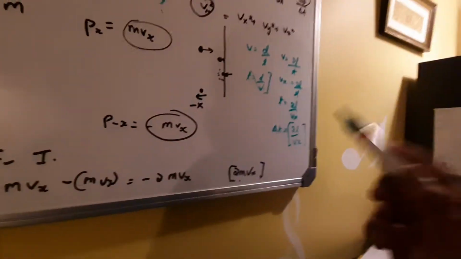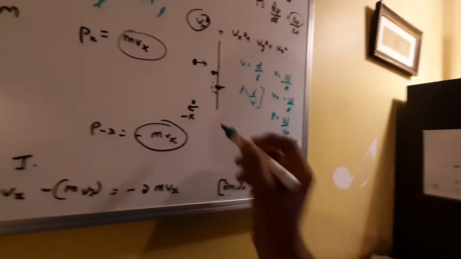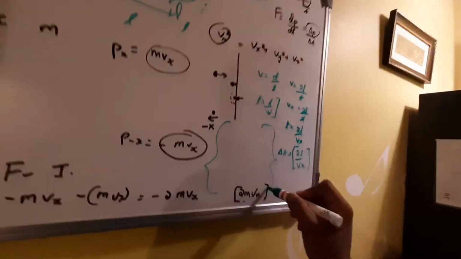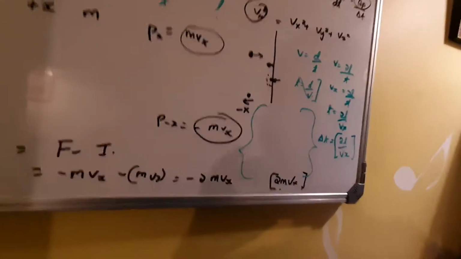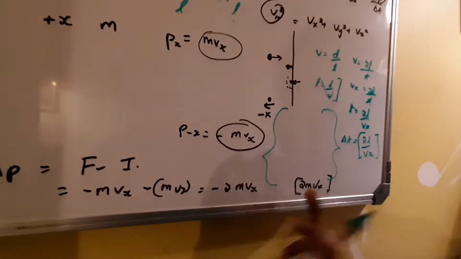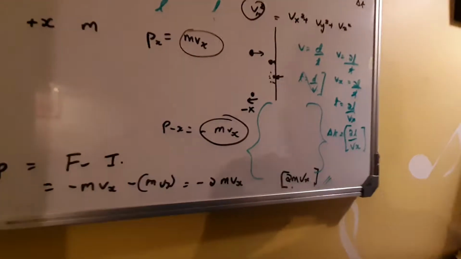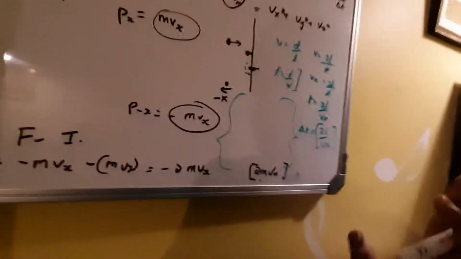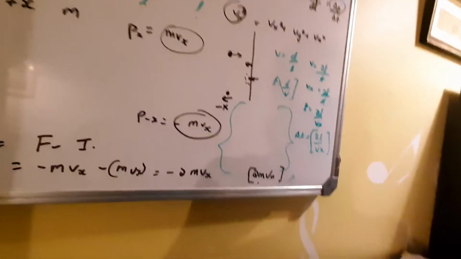Now substituting it in the equation, dp divided by dt, what I get right now is a very simple equation. I have minus 2 mvx, which I consider positive 2 mvx, only the magnitude, and this delta t.